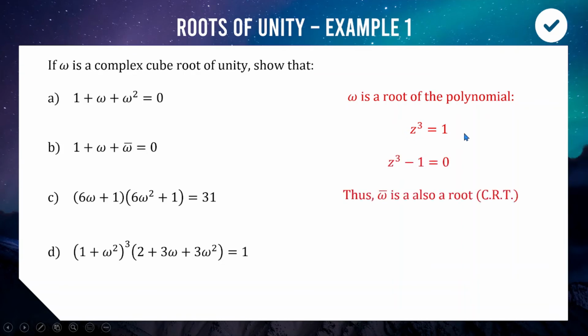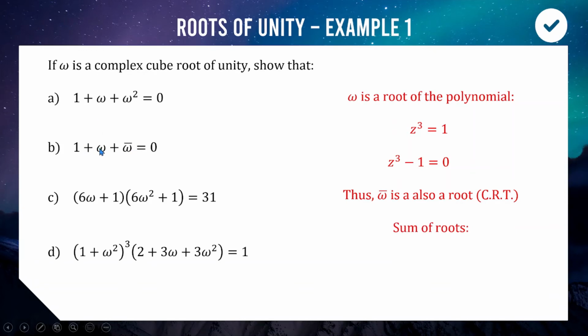If we pull it over to the left-hand side, we have a polynomial. Because we have a polynomial with real coefficients, if omega is a root, then omega conjugate is also a root, thanks to the conjugate root theorem. So we've established that 1, omega, and omega conjugate are our 3 roots.